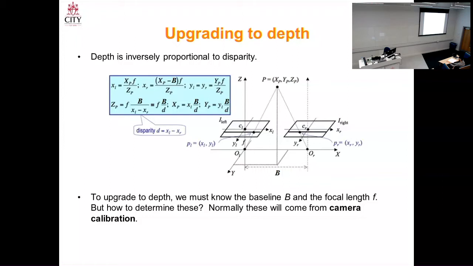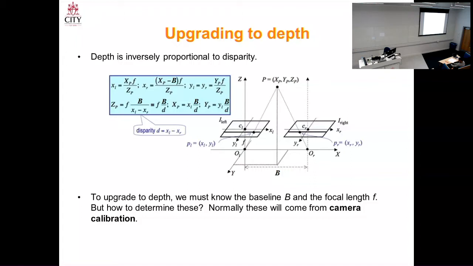So if we want to upgrade the disparity to depth, really what we need to know are two things. We need to know the baseline, that is describing how far away the two cameras are from each other. For that, if you have a stereo rig, you buy it from the internet, maybe they'll tell you how separated the cameras are, or you can just measure it yourself, like with a ruler.